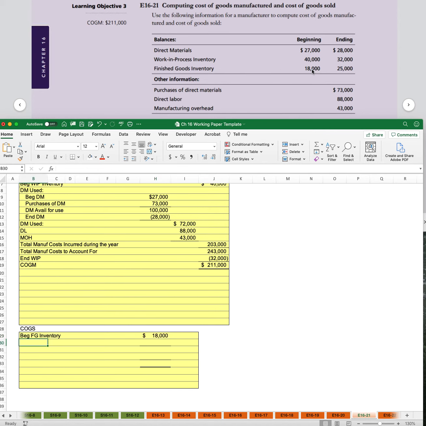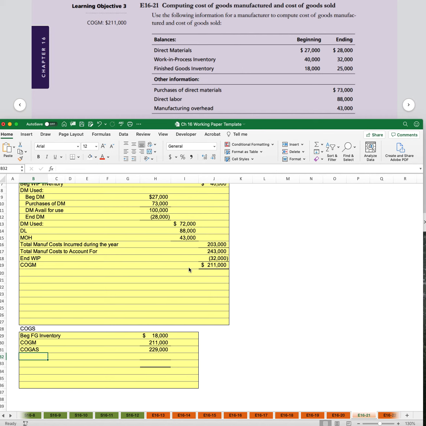Then we will add our cost of goods manufactured, which we need to pull down from the cost of goods manufactured we just calculated, 211,000. And that's going to give us cost of goods available for sale. So we'll add those two together to get cost of goods available for sale of 229,000.